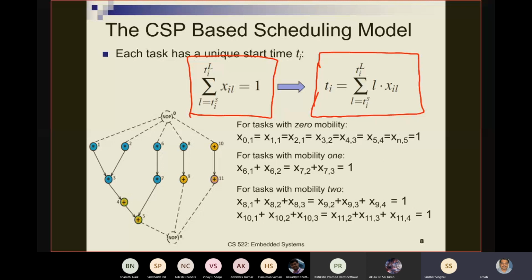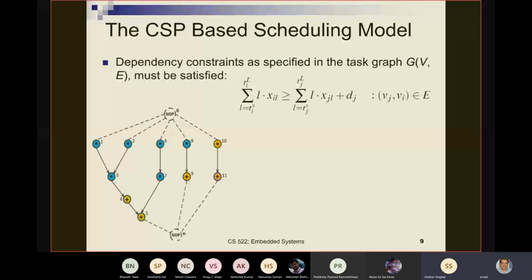Okay, fine. So then we come to the next constraint, which is that dependency constraints in the task graph must be satisfied. And we said, what is a dependency? If you are with me on slide number 9, then you see that we have dependencies, directed edges.